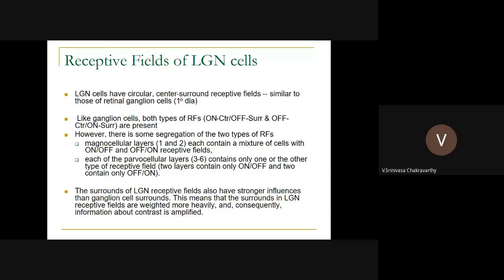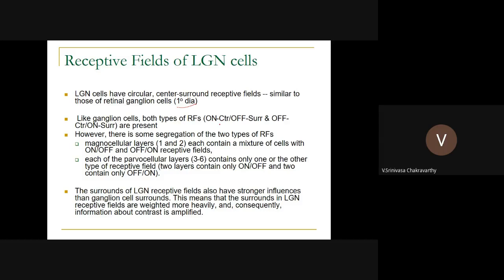So LGN cells also have circular center surround receptive fields, similar to ganglion cells. They have a receptive field size of 1 degree diameter. We talk in terms of diameter because ultimately what matters is the direction of the input light, right? Not really the sizes or distances. So, like ganglion cells, LGN cells also have circularly symmetric receptive fields.